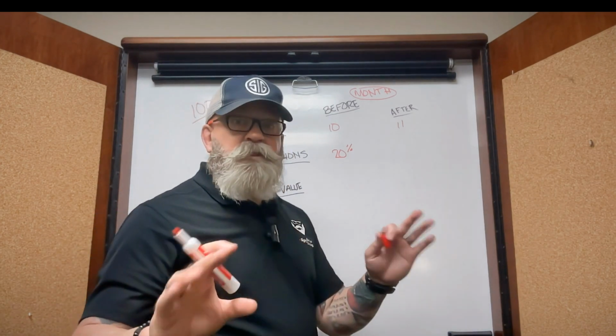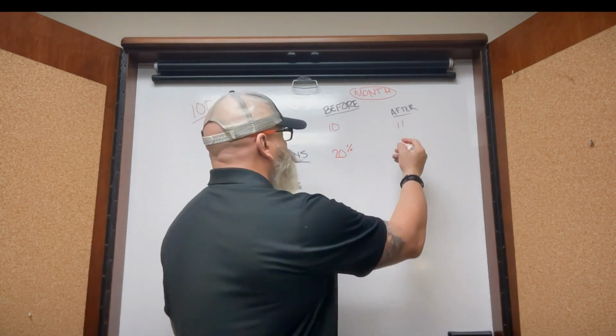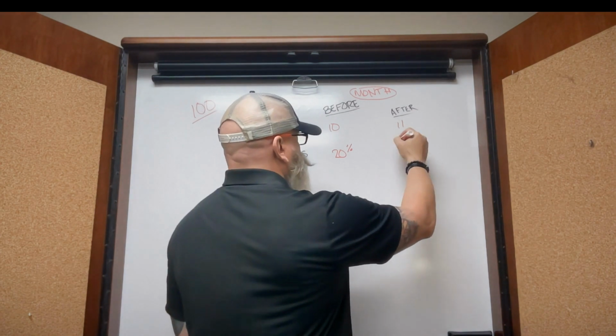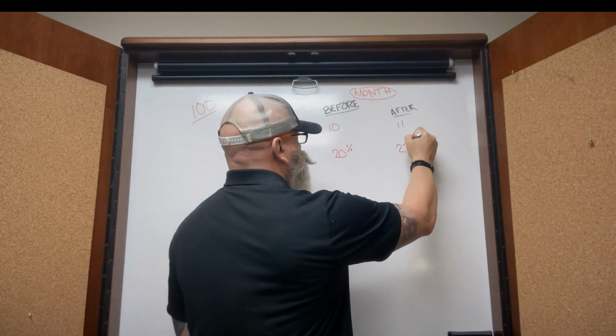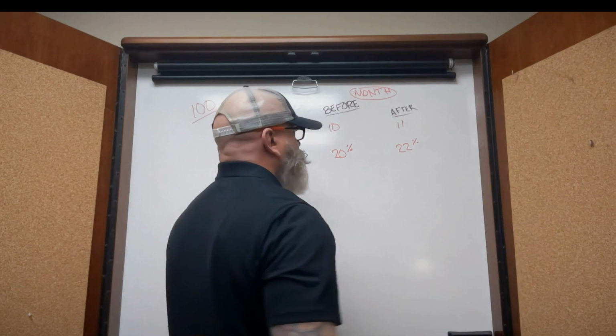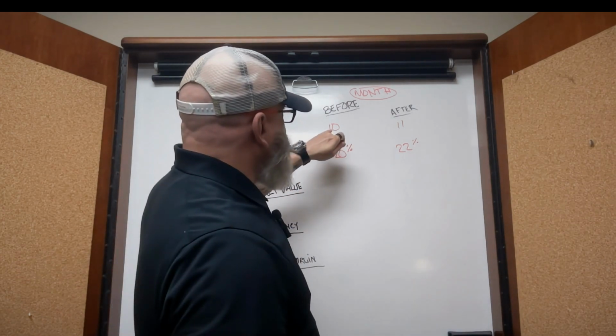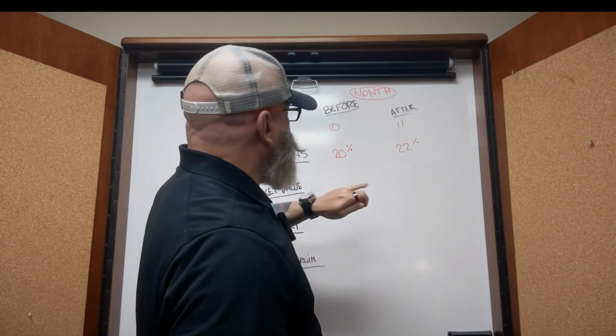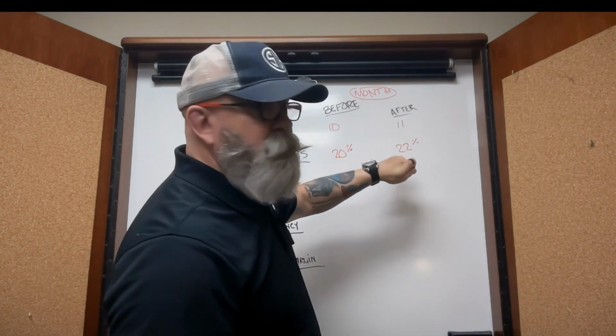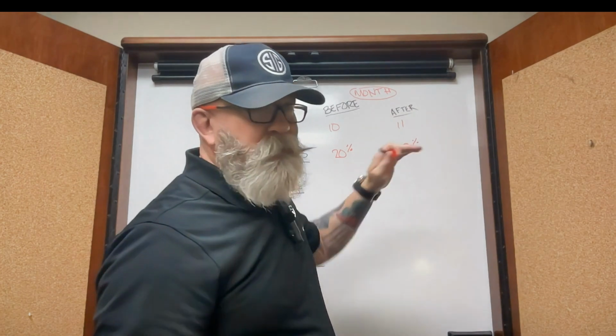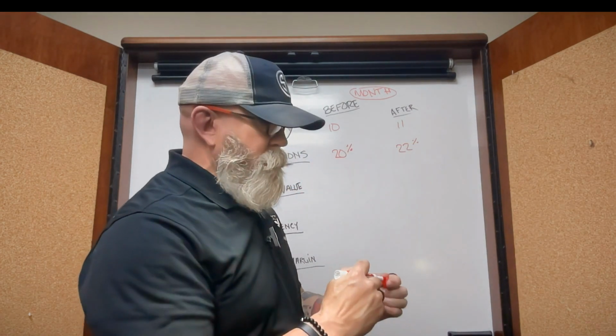So let's just say, for the sake of conversation, just 10%. So 20% goes to 22%. Okay? So just to recap, we're increasing leads from 10 to 11. We're closing from 20% to 22%, right? These are just little ticks, but they're going to add up in an amazing way. In just a minute, you'll see.